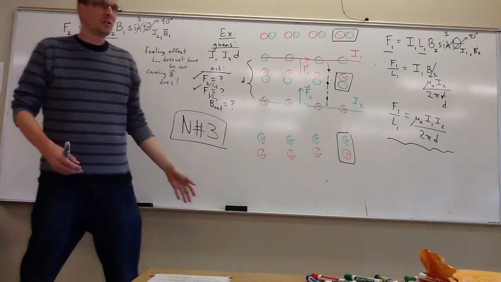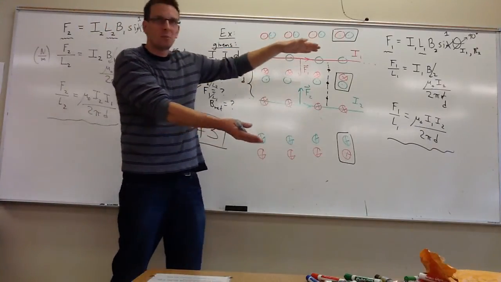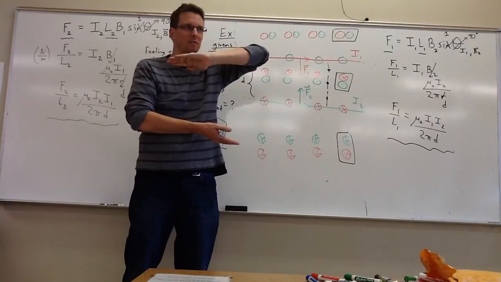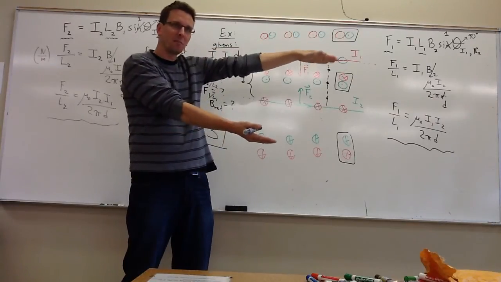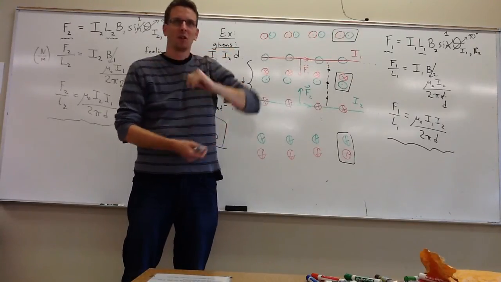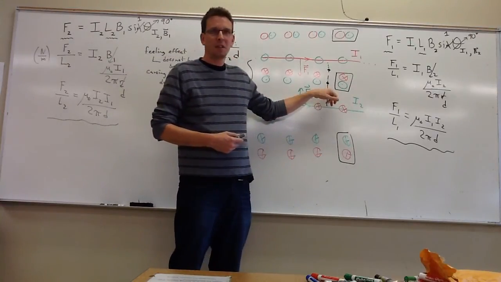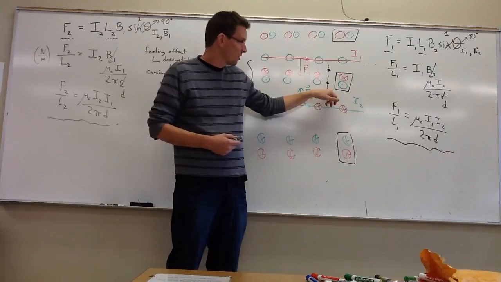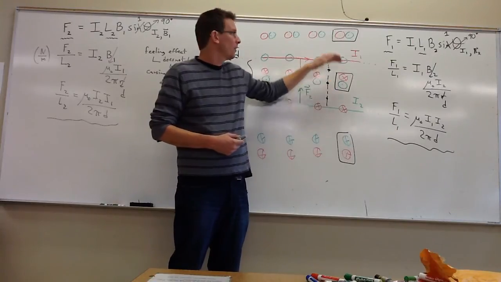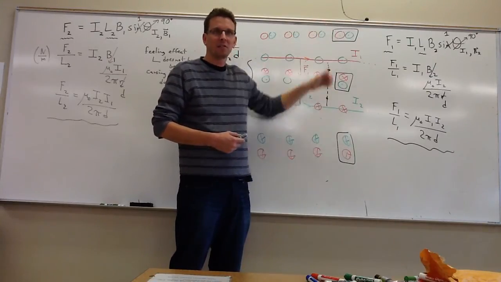Now, one of the things I could do is go back to that system where the two currents are running anti-parallel, not the same way, but parallel in opposite ways. What would happen then is that the magnetic field would reinforce in the middle and point opposite on the outsides.